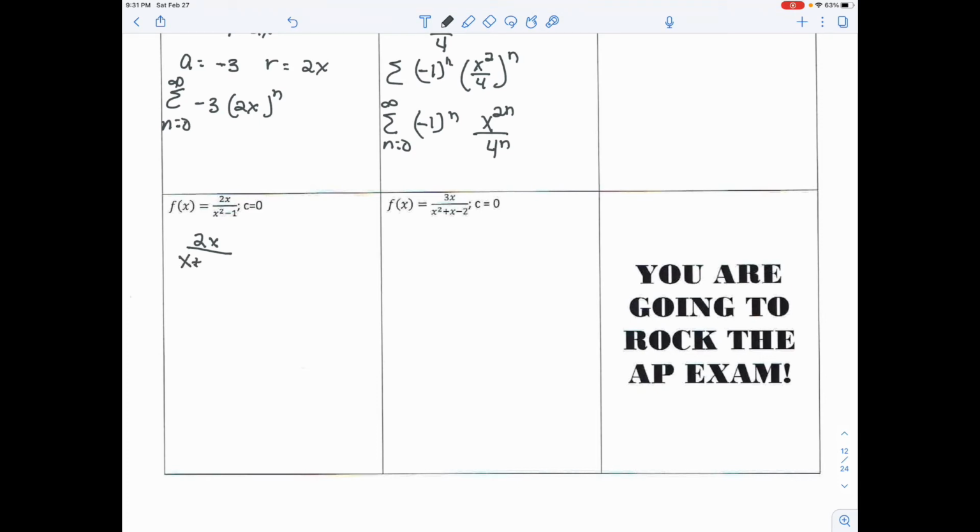So we get x plus 1, x minus 1 factored, and we're going to have to make partial fractions. So we get 2x is equal to A times x minus 1 plus B times x plus 1.